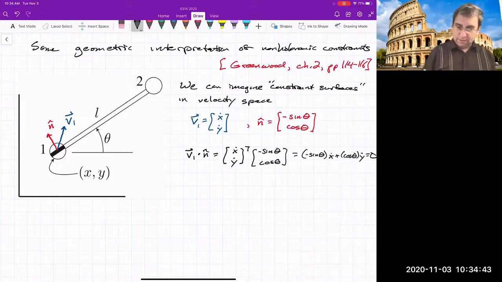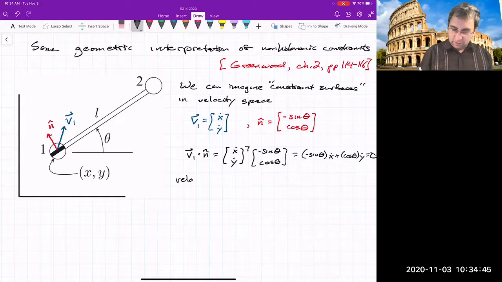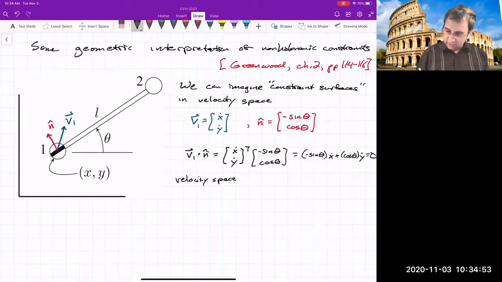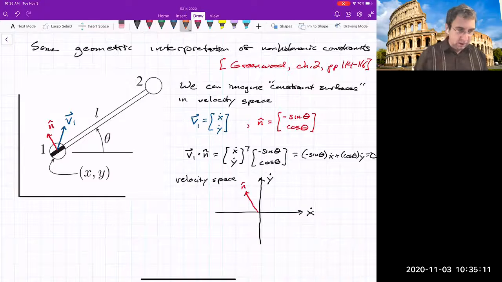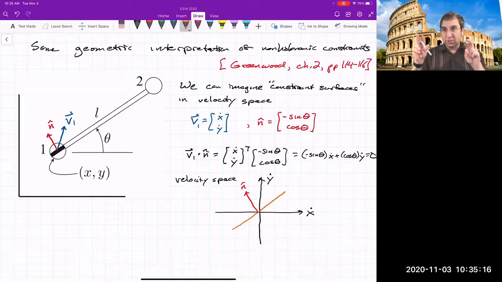What does this mean? Let me write velocity space. In velocity space, what I mean by that is, let's write x dot and y dot. We can't move in just any direction. Here is n hat, and we can only move locally on a constraint surface. In this case, it's a constraint curve.